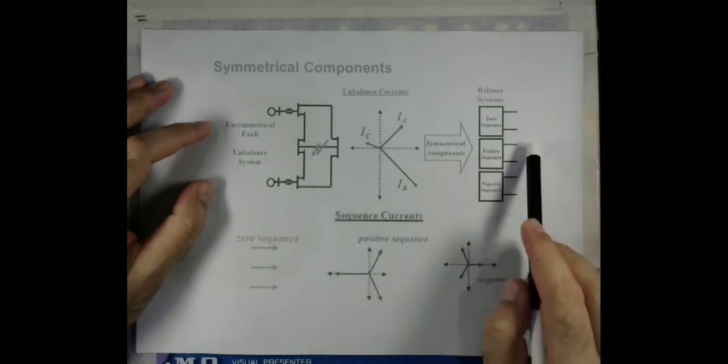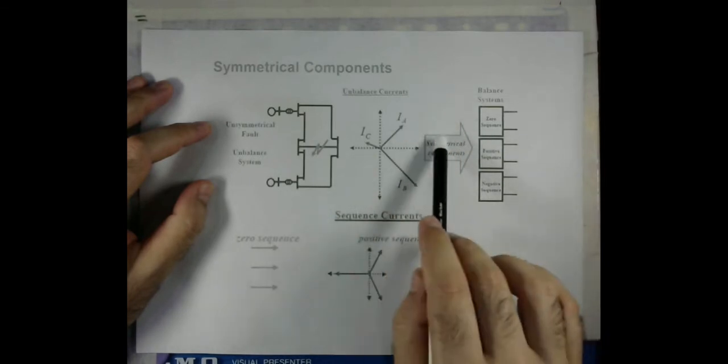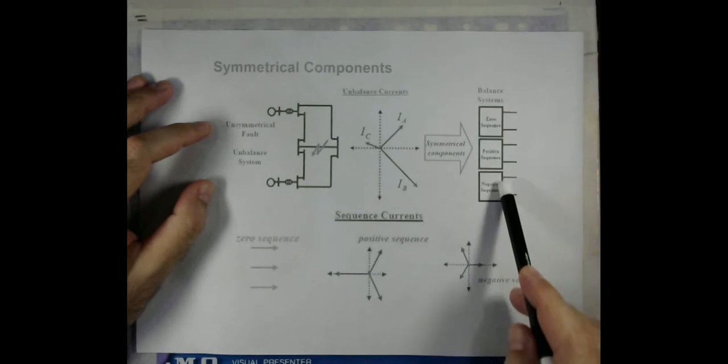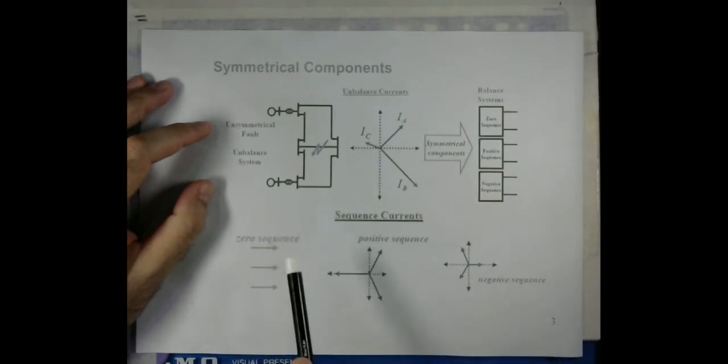Once we transform the phase quantities into symmetrical components, we get the sequence networks. One is called zero sequence, this is the positive sequence, and that is the negative sequence.